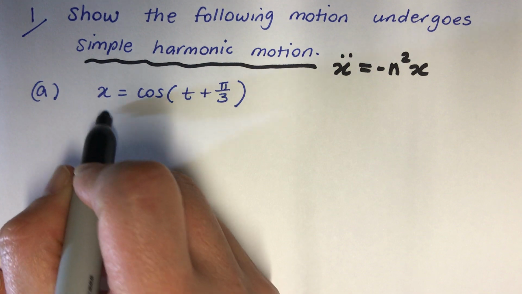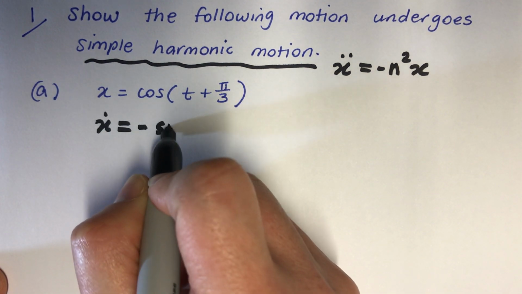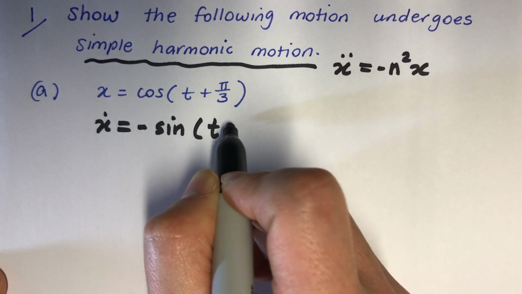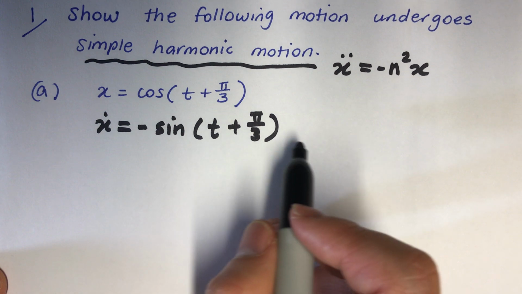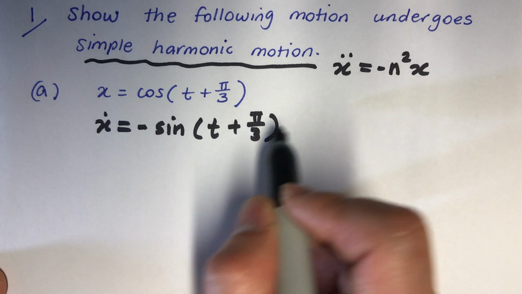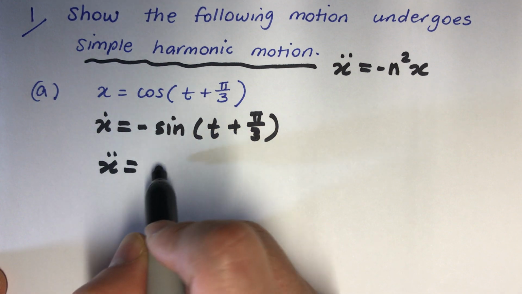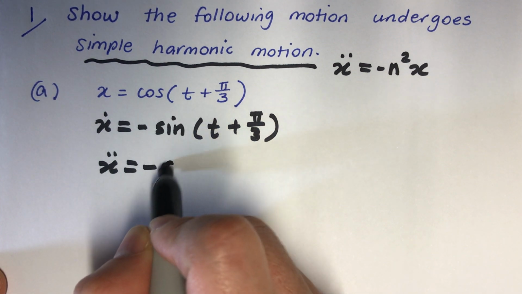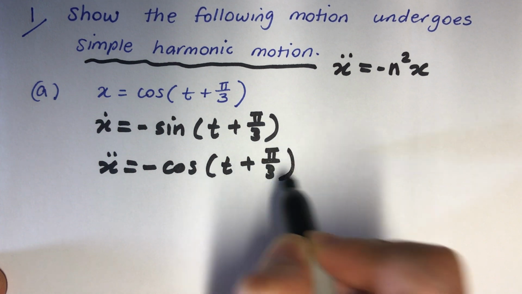I'm going to differentiate that. Cos differentiates to minus sine, t plus pi over 3, and the differential of that is 1, so it doesn't really matter. Next one, cos, same.